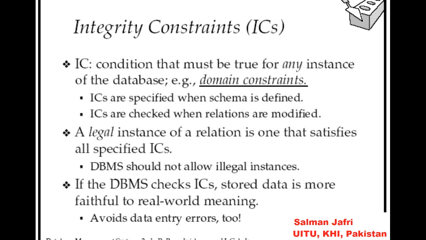So a legal instance of a relation is one that satisfies all specified integrity constraints. What is basically a legal instance? A legal instance is a relation that satisfies all specified integrity constraints. So the DBMS should not allow illegal instances. Any violation of the integrity constraint should not be allowed by the DBMS.